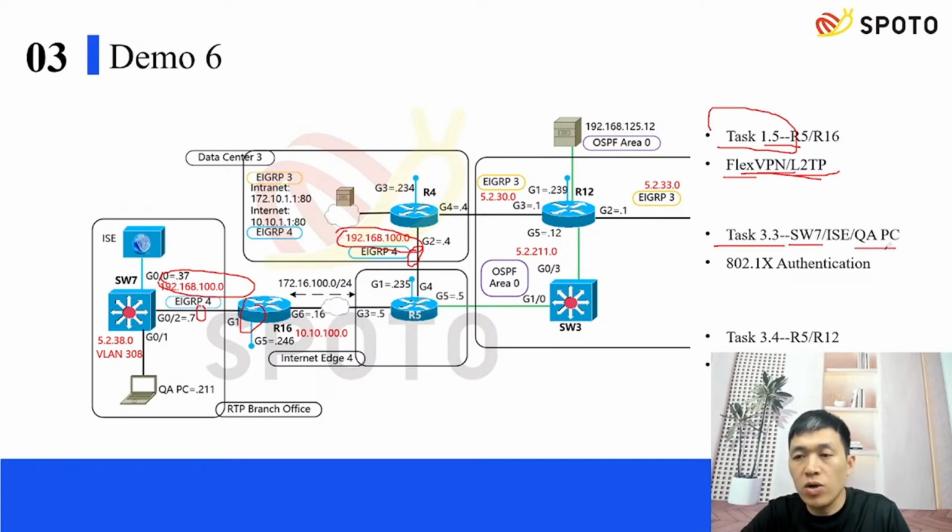And finally, QA PC is for 802.1X authentication, and QA PC needs to access the intranet server. So you can see the traffic goes through these two devices as well.